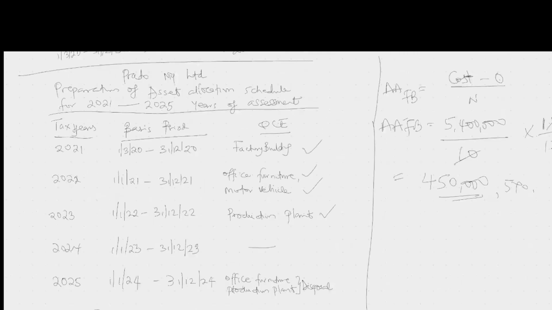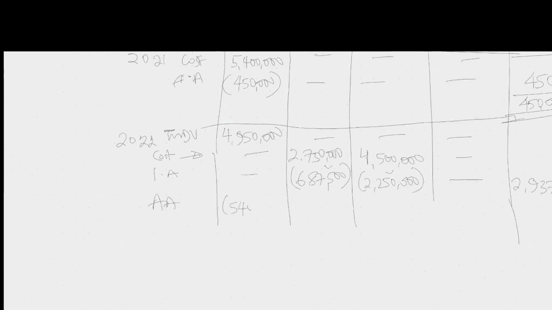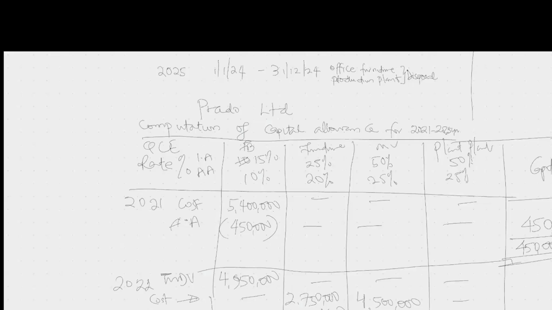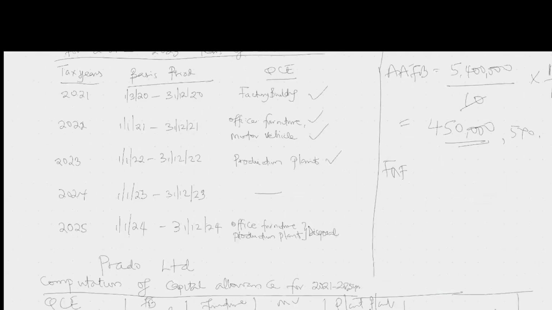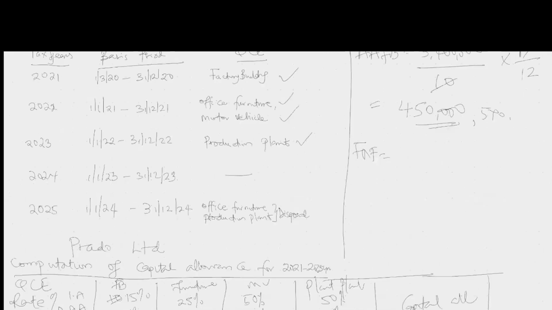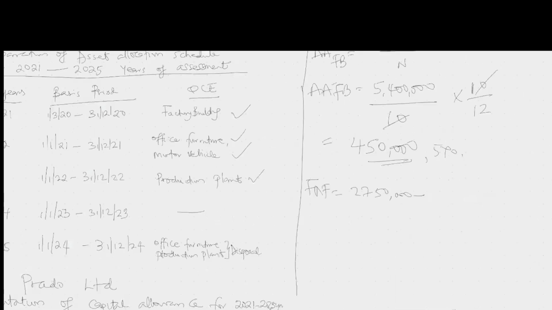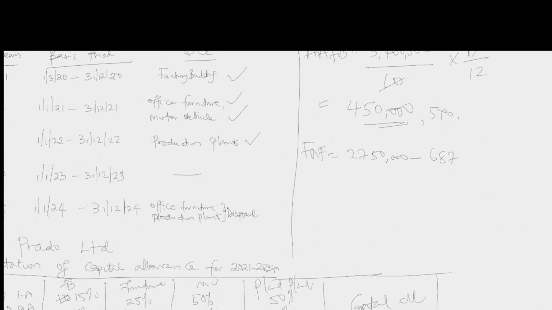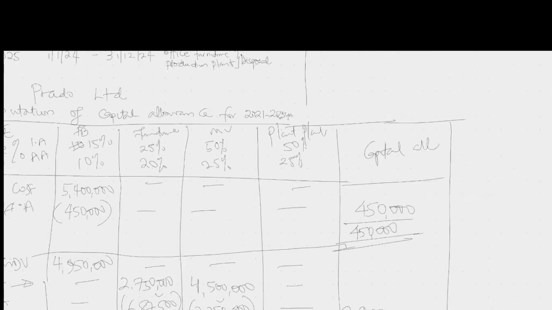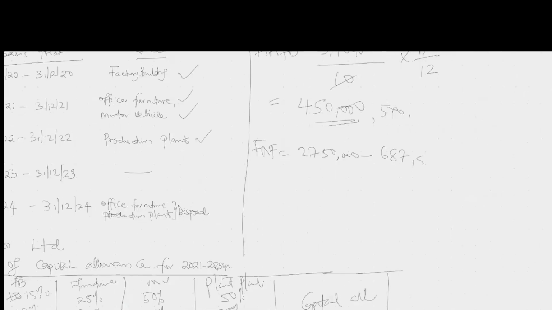For factory, what is the cost of AA? 2 million minus 687,500 divided by 5 years.